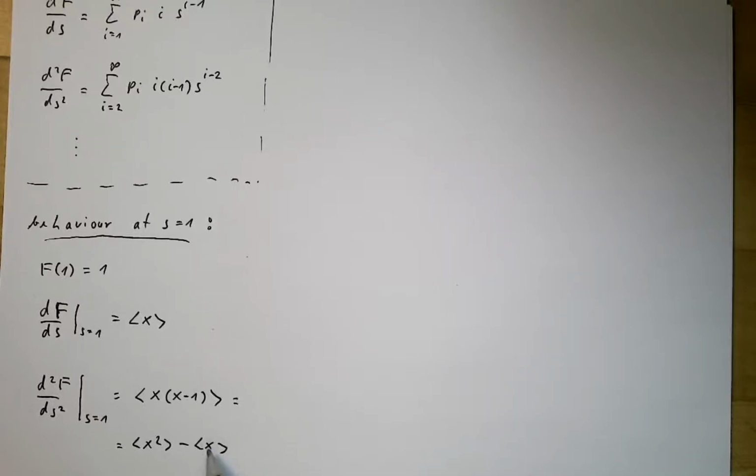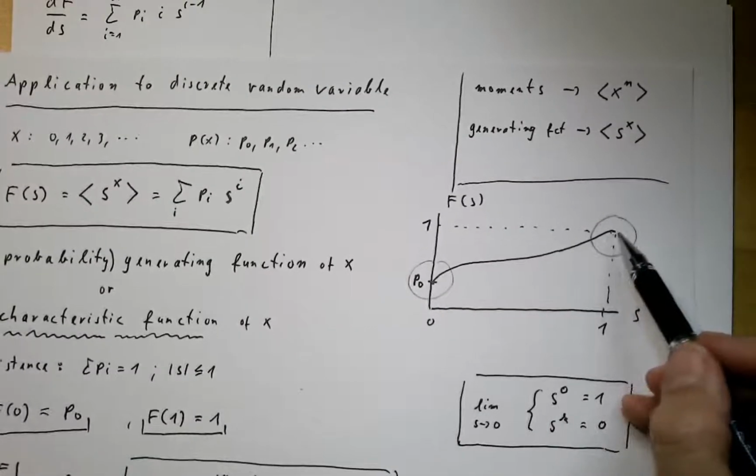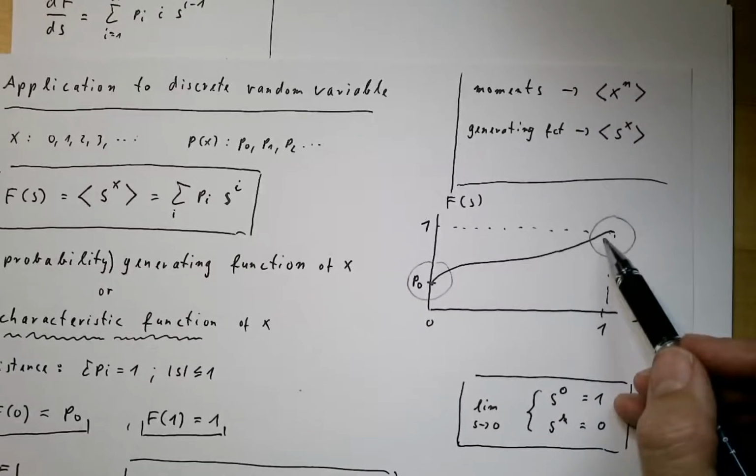We get something similar, so basically we see if we take our function at position 1 and take all the derivatives, we find some typical moments.